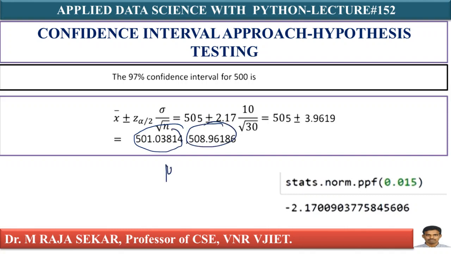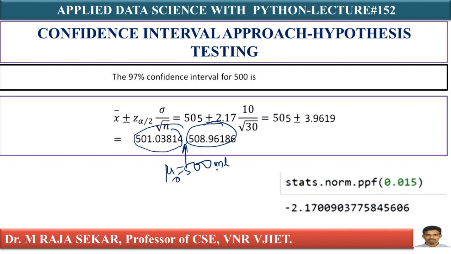Now what is my mu? Mu equal to 500. Is it inside this interval? That you have to check, isn't it? The hypothesized value for the population mean, mu naught, equals 500 ml.